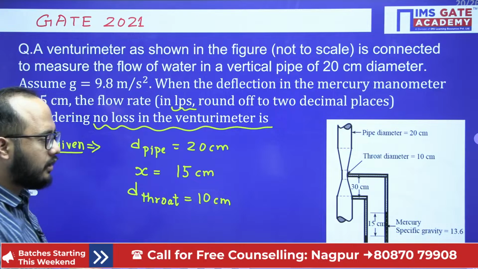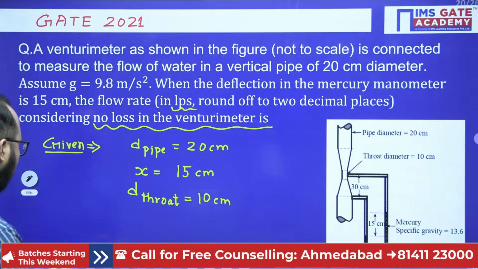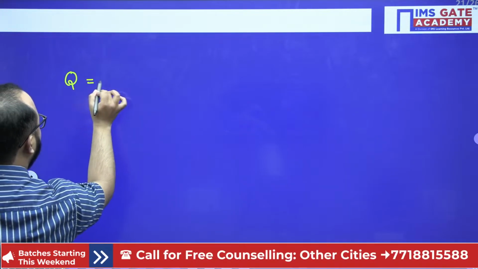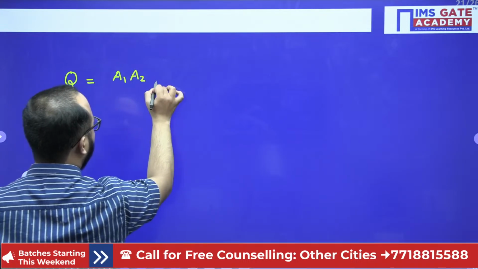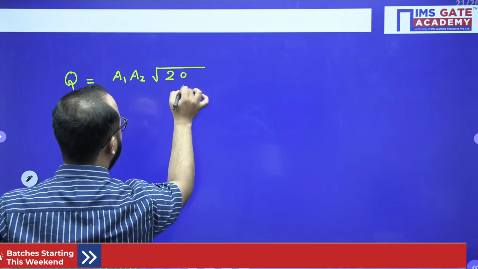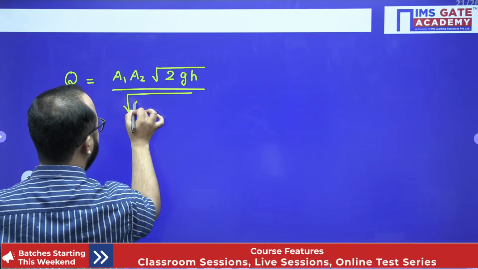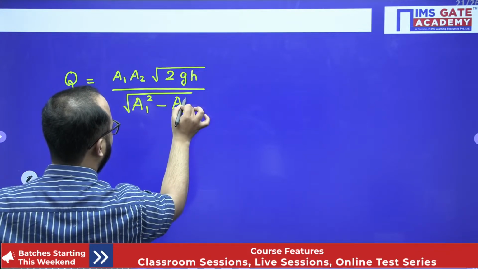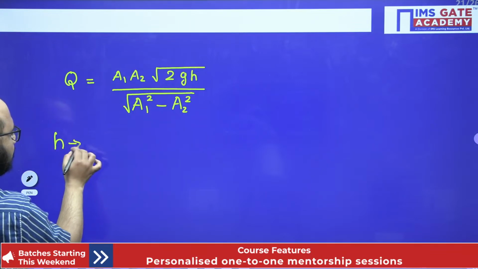Now, very important point. Manometric fluid is mercury. Simple. Direct formula we remember, everyone. I hope the formula everyone remembers: Q = A1 A2 root 2gH under root A1 square minus A2 square. Now, in this formula, I hope everyone remembers what is H: pressure head difference.